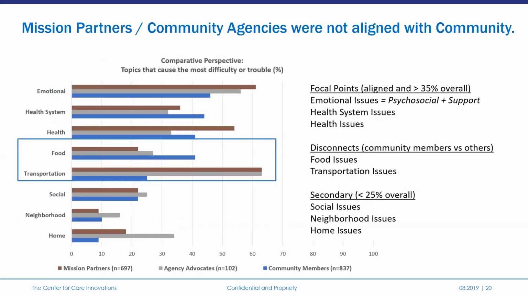And then from there, just to highlight one of the many insights that we learned was the disconnect between the community mission partners and those agency advocates, being those in the community agencies. Mission partners and community agencies had transportation as the biggest issue.